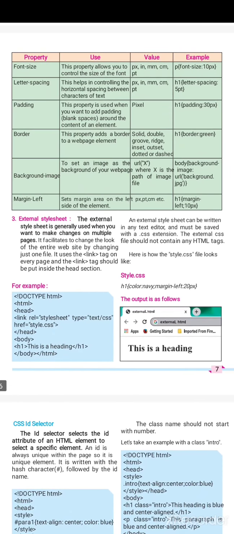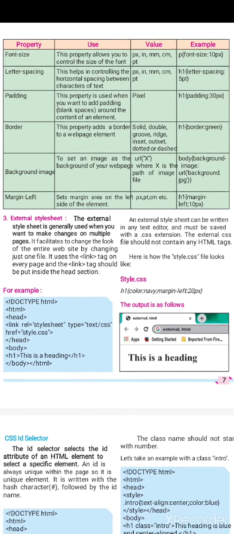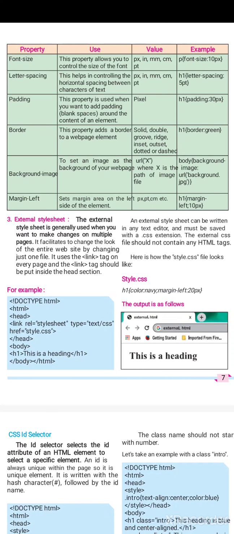Next property is font size. As per its name, and as we have seen applying font size, it may be increased or decreased. So it holds a value in pixels basically, as well as in inches, centimeters, points, and millimeters also.